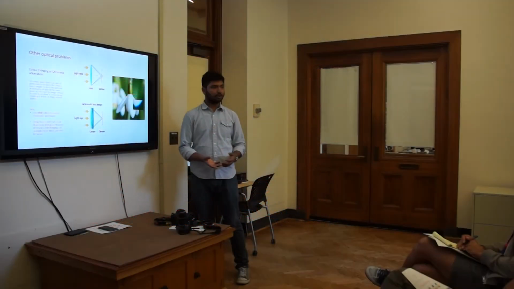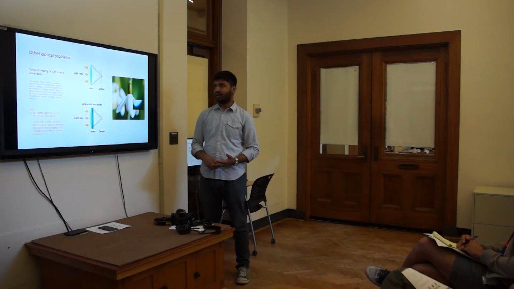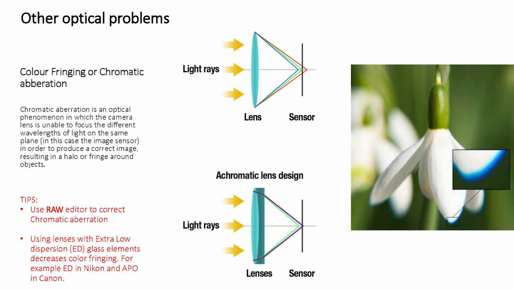And I spoke about optical distortions. Now there are other kinds of distortions like color fringing and vignetting. Color fringing is nothing but when different wavelengths of light don't converge at a point, and you can see color fringing like this.